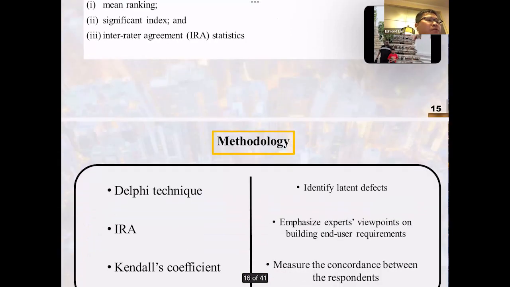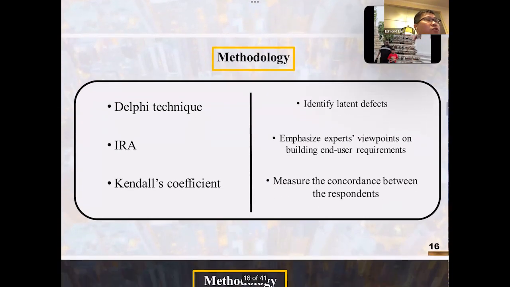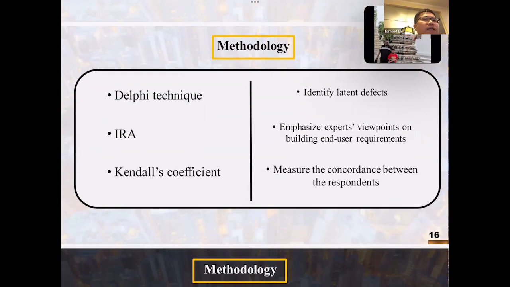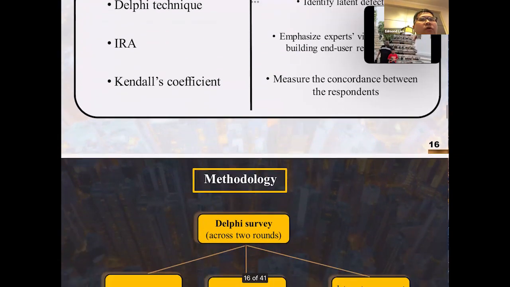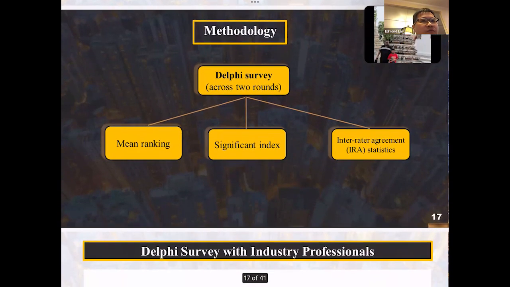In terms of the methodology, we make use of the Delphi technique to identify the latent defects. We make use of IRA to express viewpoints on building and user requirements. We make use of Kendall's coefficient to measure the concordance between the respondents. Therefore, 2 rounds of Delphi survey is good enough.